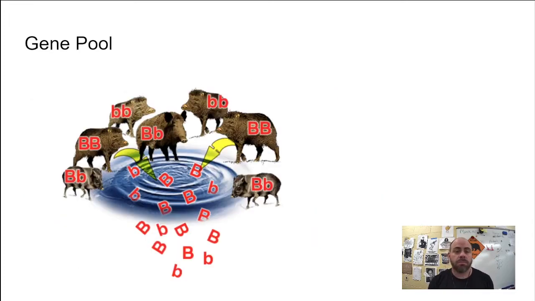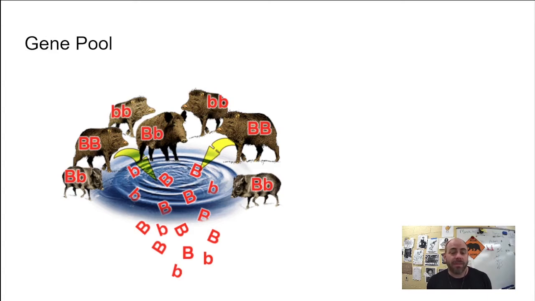Well, we're going to talk about this with this idea of a gene pool. Gene pool is all the genes in a population, right? The big B's, the little b's, the big B, little b's, the big B, big B's, the little b, little b's. All of that is represented in a population, and there are percentages associated with that, right? There are percentages of big B's, there are percentages of little b's in the population, and we call this the gene pool, all right?